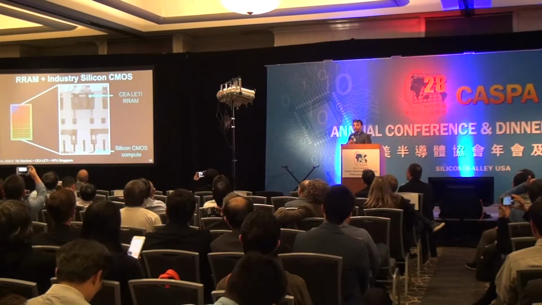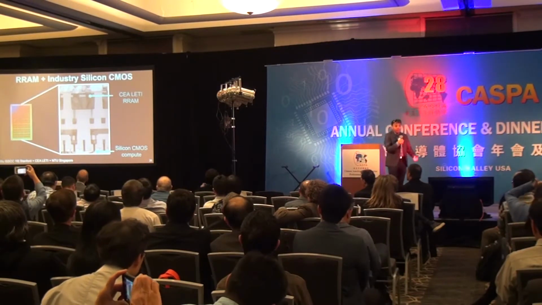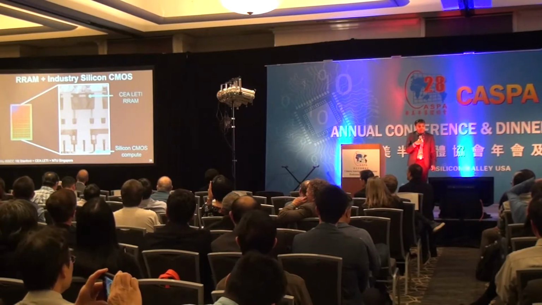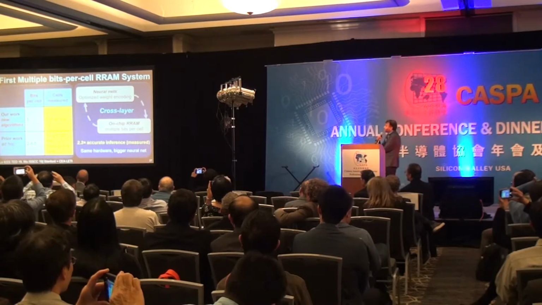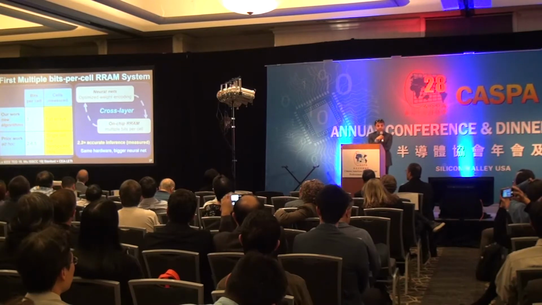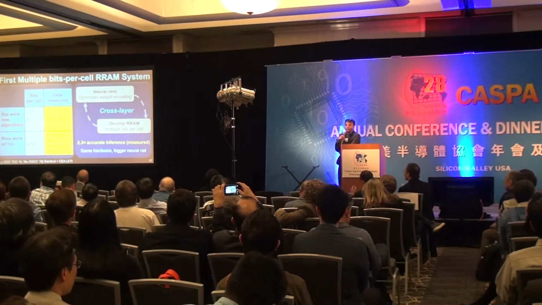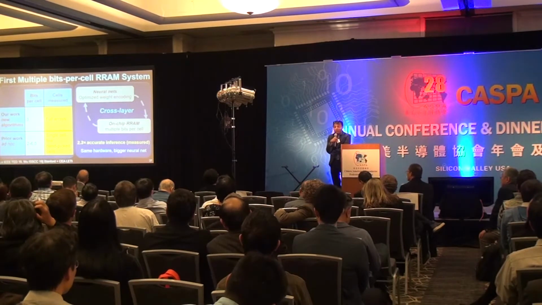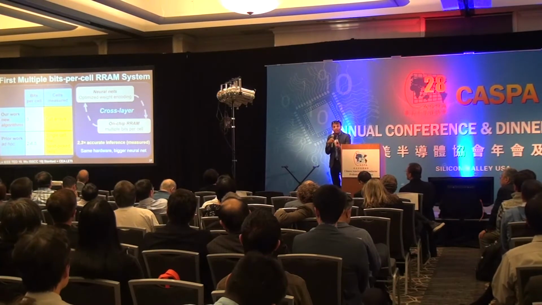So we were very fortunate that in collaboration with CEA in Grenoble, France, on top of ST Silicon, CEA actually put their RRAM, and as a result, at ISSCC earlier this year, we were able to demonstrate for the first time a full system with resistive RAM that could store multiple bits in each cell. And we could make use of that multi-bit storage to improve the accuracy of neural nets on the same hardware.